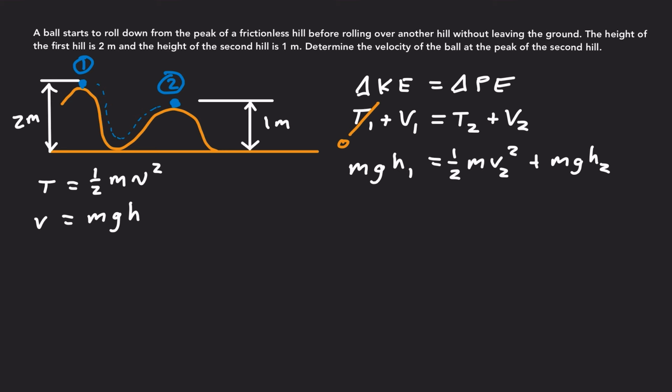Each term in this equation has a mass term, which means we can divide that out commonly amongst each term, and we're left with g h1 equals 1/2 v2 squared plus g h2.